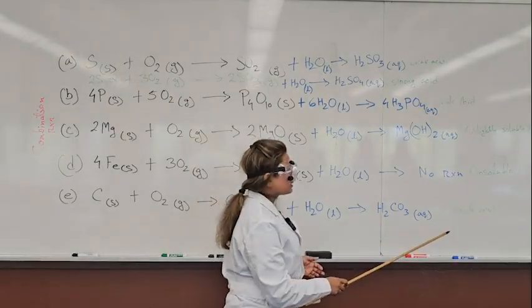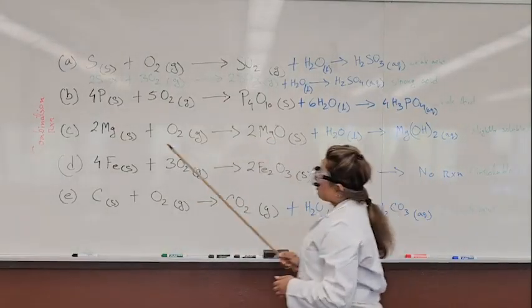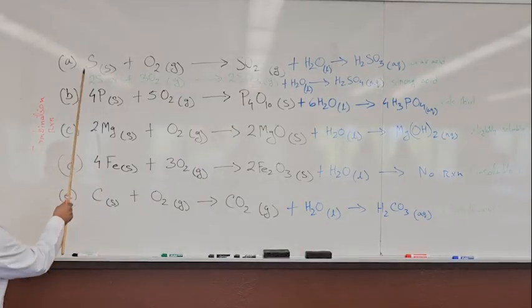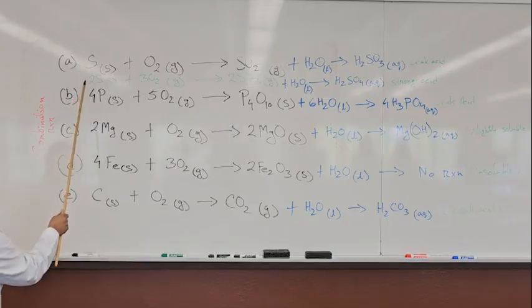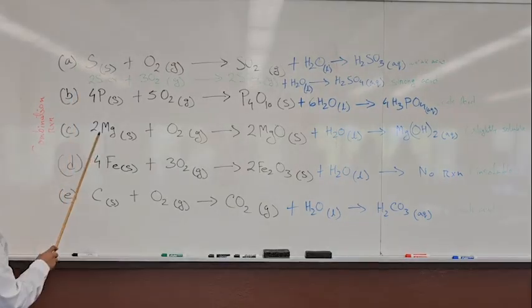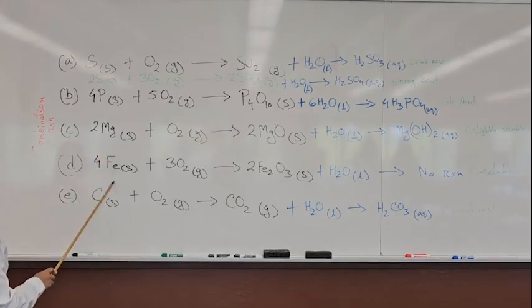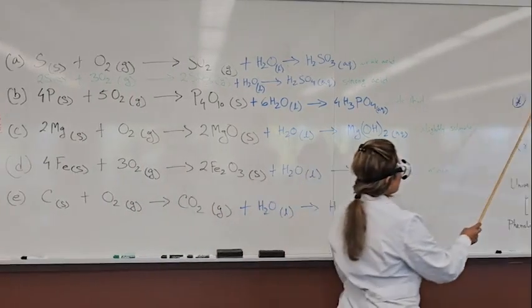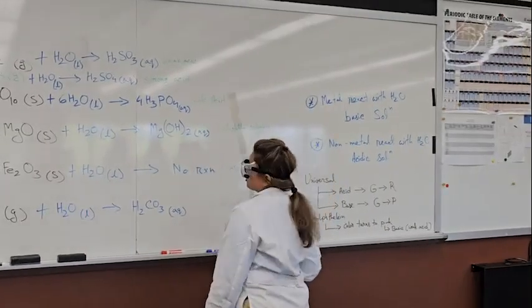Carbonic acid is a weak acid. So you can see carbon, phosphorus and sulfur. Magnesium and iron, these two are metals. When metals react with the water, they make a basic solution.